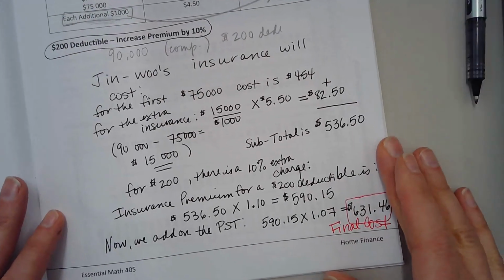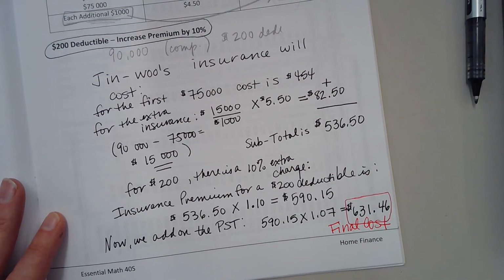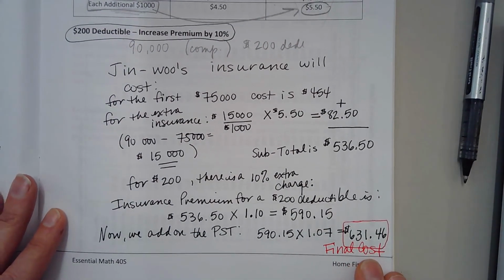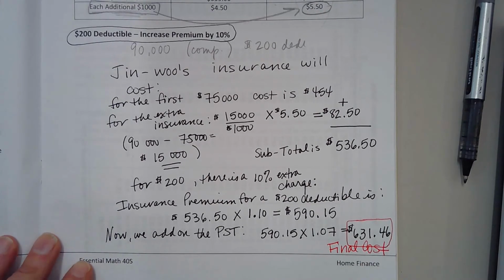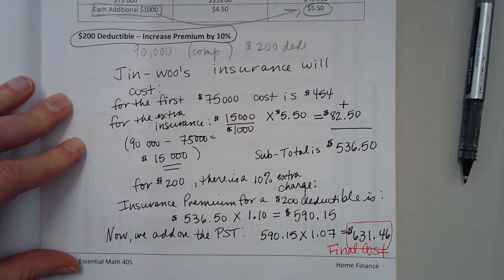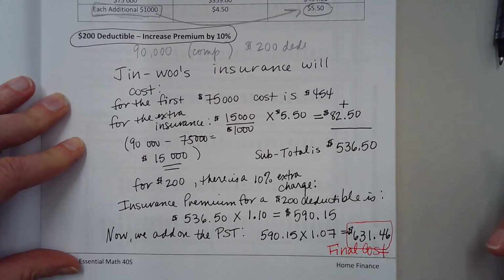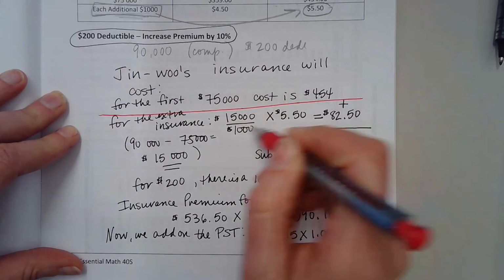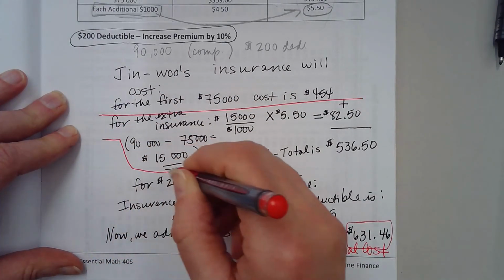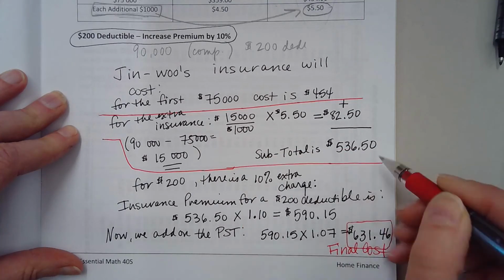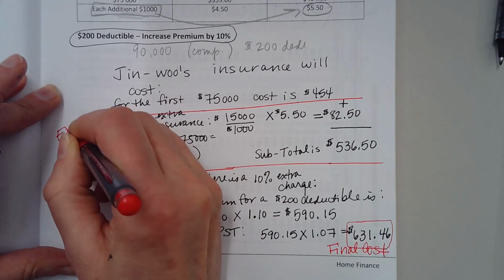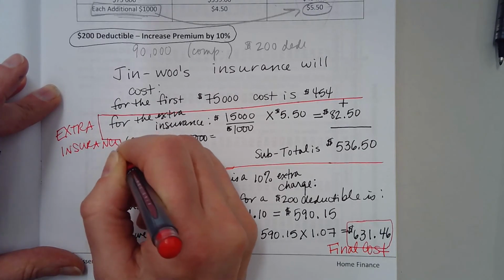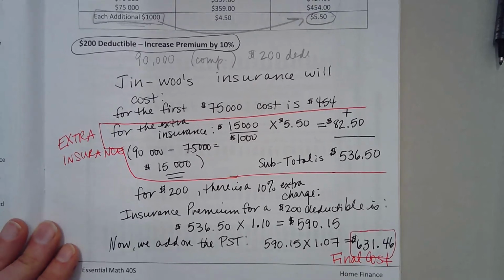Then we wouldn't have to do this step, but they don't. And then this is for the $200 deductible. And you only have to do this if you request a $200 deductible, right? And then this is adding the PST, which, for every insurance question, you have to add the PST on it. Okay. It's a lot of steps.